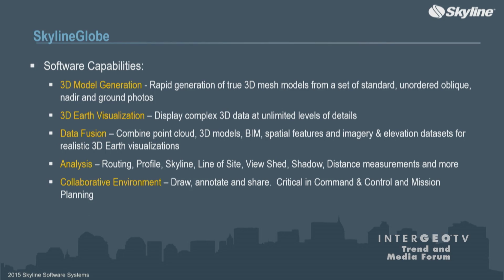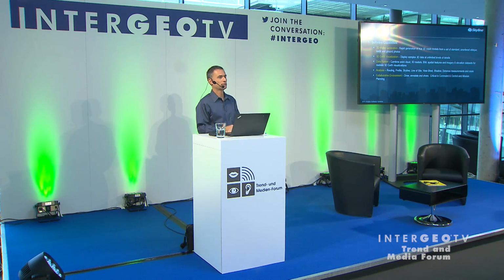So we've talked about PhotoMesh for producing 3D data, but PhotoMesh is only a first element in what Skyline is offering. The Skyline offering allows you to take these PhotoMesh models and display them in real time, in 3D, stream them across a network, fuse them with different types of data.